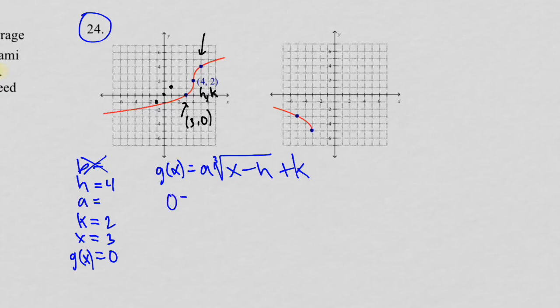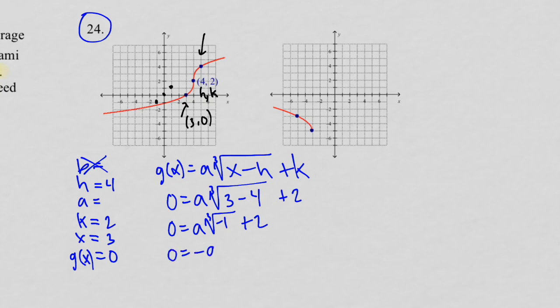G of x is 0, A is A, times the cube root of x minus h, 3 minus 4, plus k, which is 2. 3 minus 4 is negative 1, so what you have is A times the cube root of negative 1, plus 2. The cube root of negative 1 is just negative 1, so negative 1a, or negative a, plus 2. Then solve by subtracting the 2. That gives you negative 2. Negative 2 equals negative a. Divide by negative 1 and you're done. A is 2.